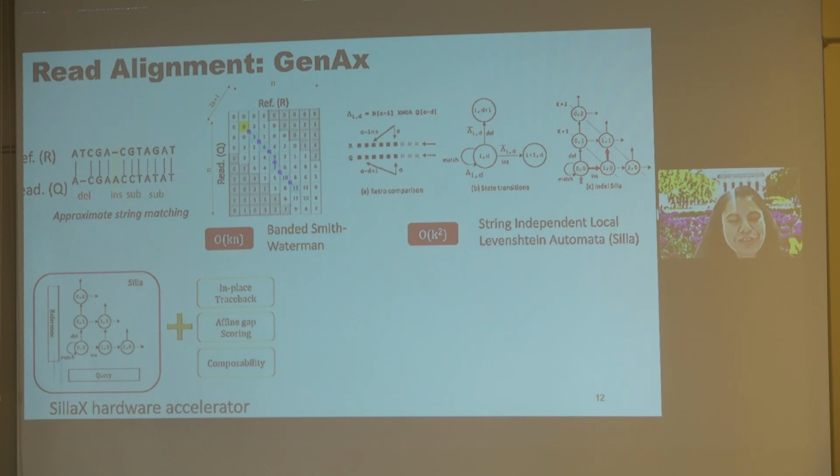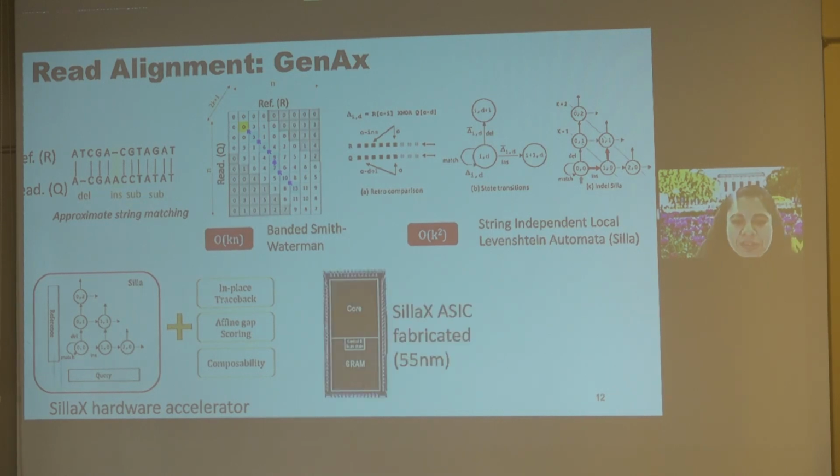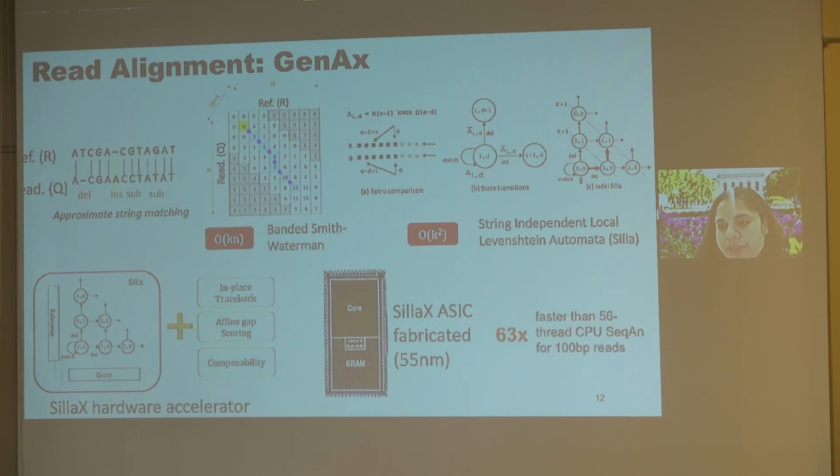That's what we really needed for the high accuracy and bit-exact results. And we not only built the architecture for it, we also fabricated a chip for this and showed its utility. Although it was in 55 nanometer, it was still so much more efficient than the CPUs and GPUs, is what we measured. So that was the GenAx architecture.